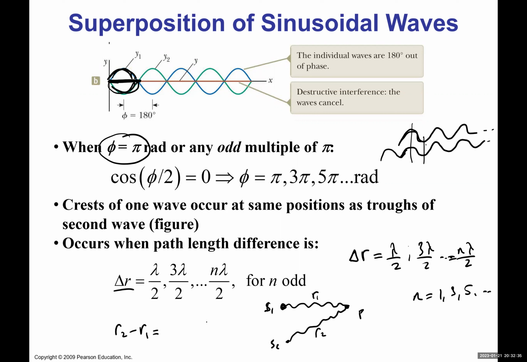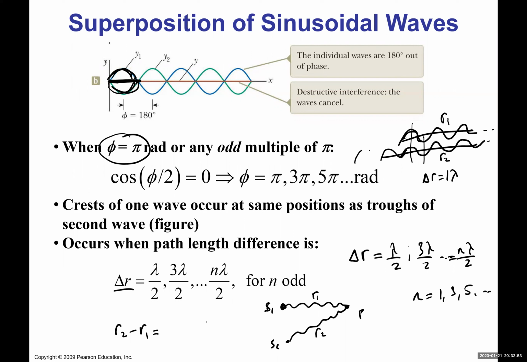The only difference is that delta R is equal to 1 times wavelength. That means this is how much this one has to travel, R1, this is how much this one has to travel, R2, and it's exactly 1 wavelength difference between them.